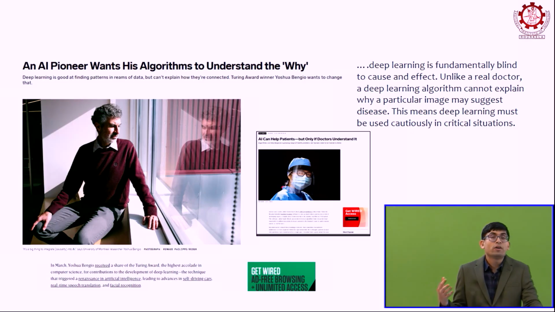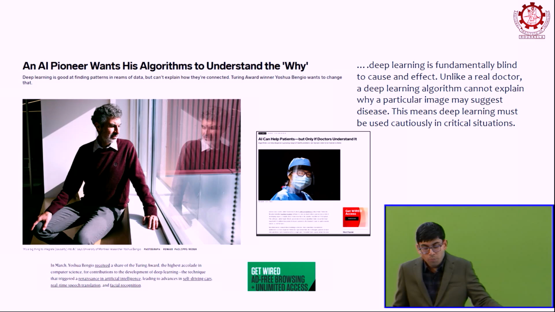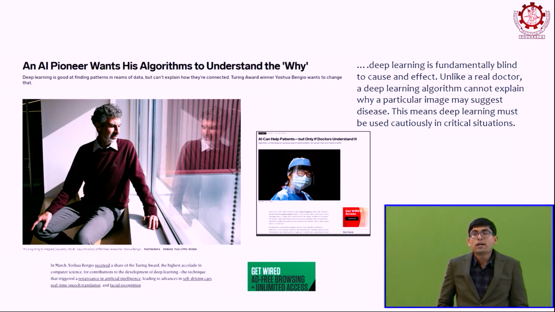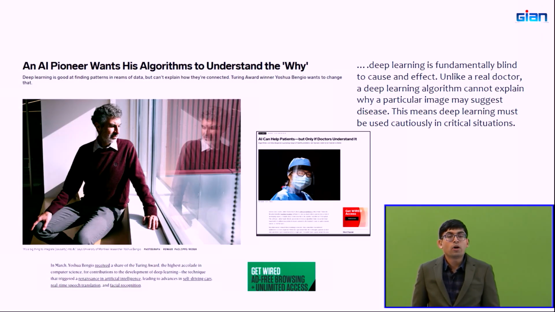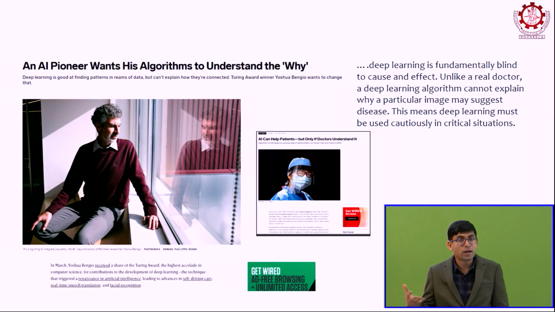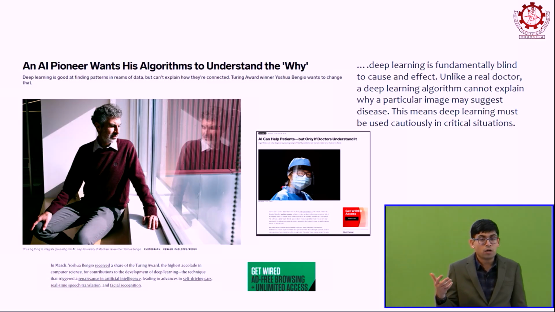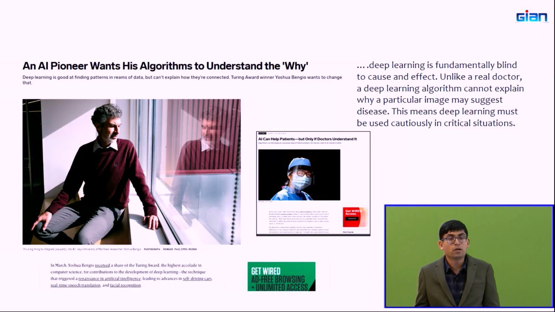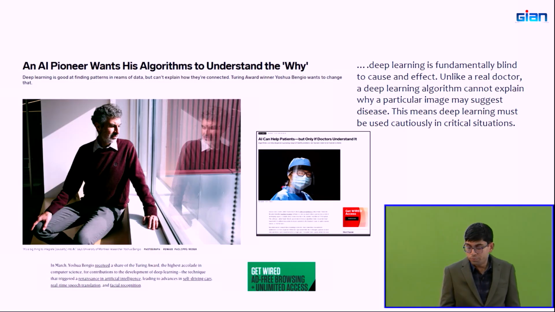We should be able to decipher the why, because deep learning is fundamentally blind to cause and effect. Unlike a real doctor, a deep learning model cannot really explain why a particular image may suggest disease. I wouldn't say it cannot explain, that's the research part here. What we do in our labs and many other people try to do is to understand why this is happening, but fundamentally a deep learning algorithm cannot explain it. So deep learning must be used cautiously in critical situations.